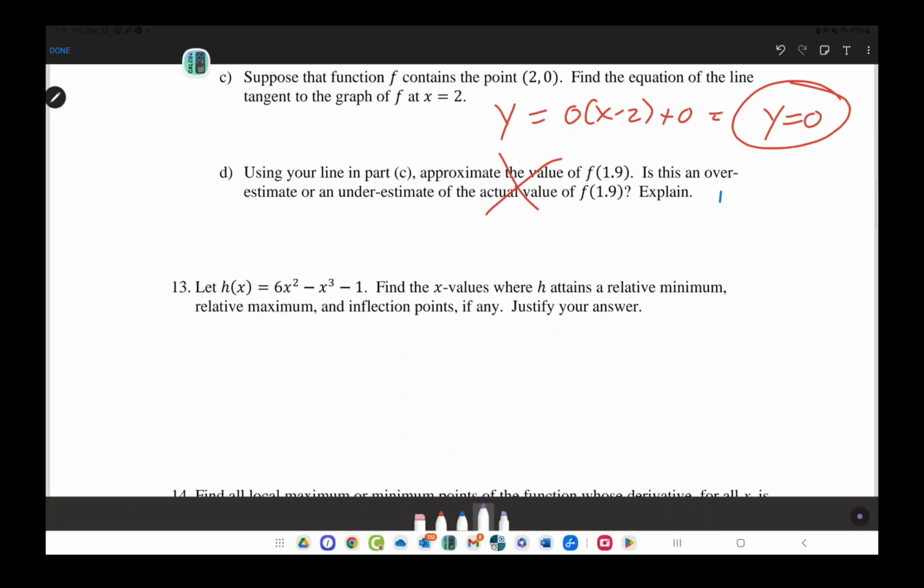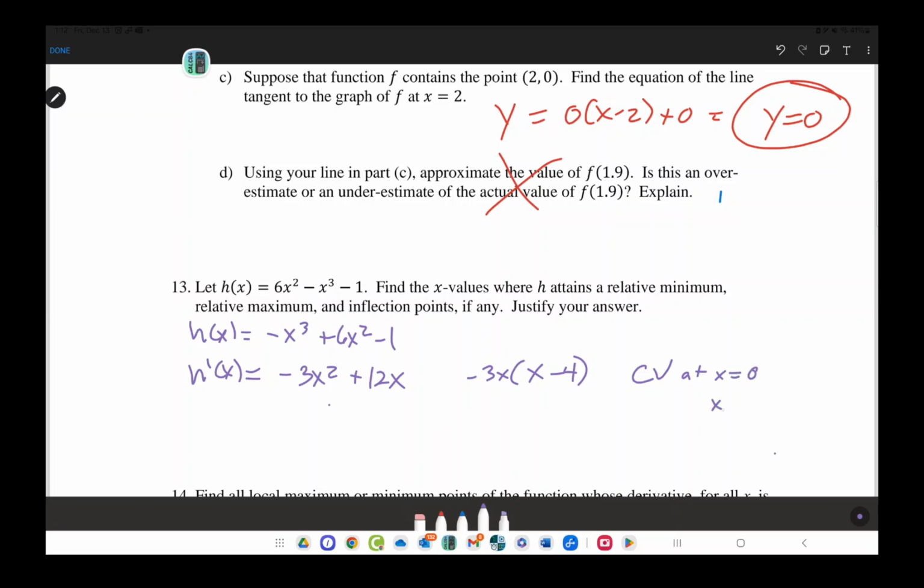H of x equals negative x cubed plus 6x squared minus 1. So h prime of x would be negative 3x squared plus 12x. Here you can factor out a negative 3x to get x minus 4. So we have critical values at x equals 0 and x equals 4.